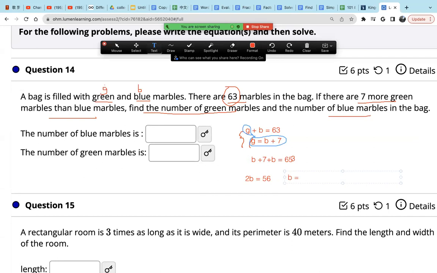So B equals 28. So that's 28 blue marbles. And the green marbles are blue marbles plus 7. So 28 plus 7, 35. So the green marbles are 35 of them.